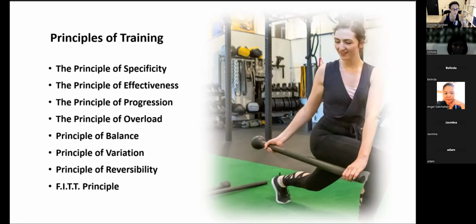Okay, so let's very quickly go through what it is. The principle of specificity means what the name says already. It is sport specific. I think it's not in the same order, but it's okay, because I think in the book principles of training is the headline, then you've got the principle of effectiveness, and then overload.